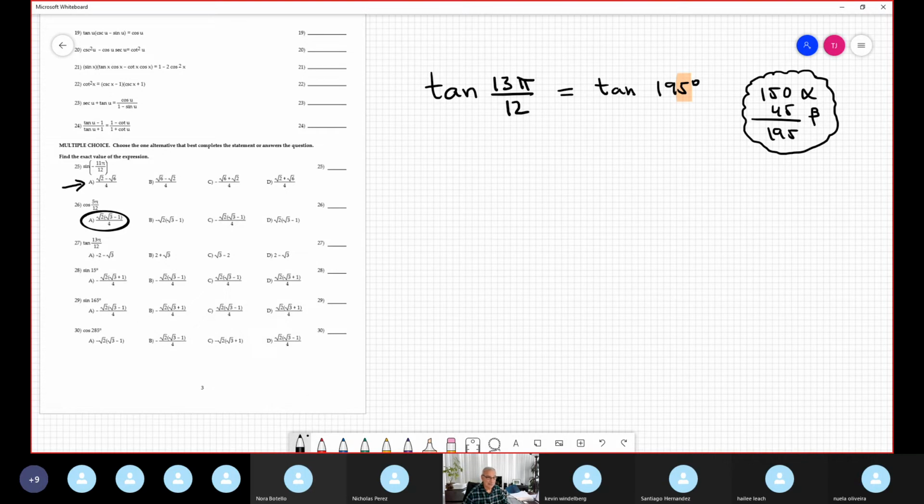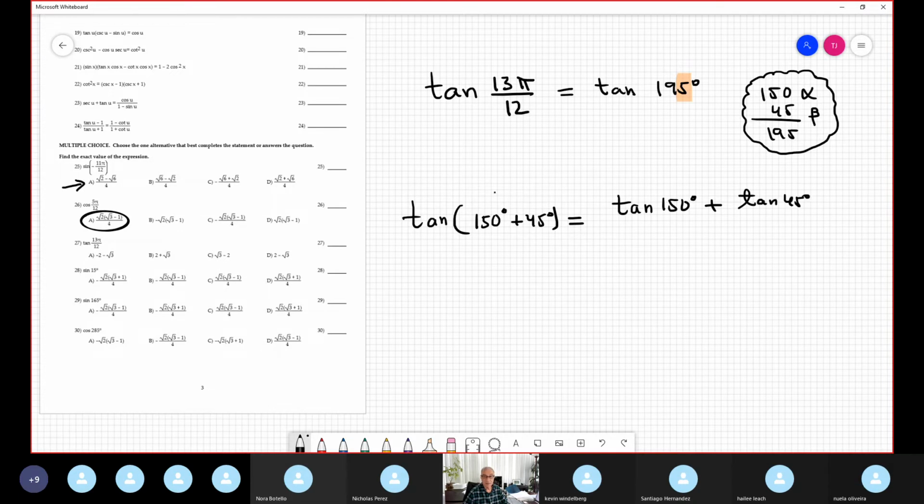Okay, so I go to the formula. The formula says tangent of 150 plus 45. In the cheat sheet you can see tangent 150 plus tangent 45.